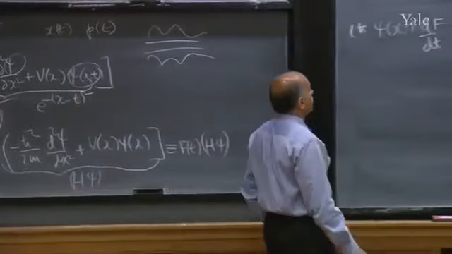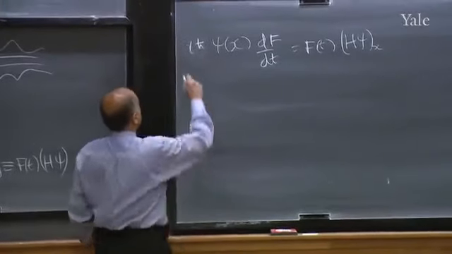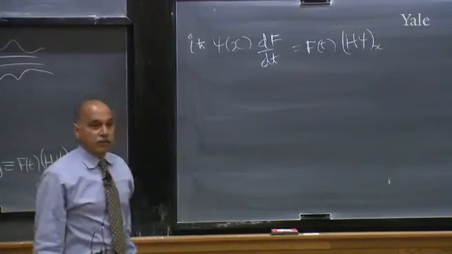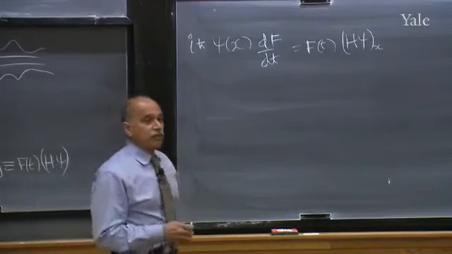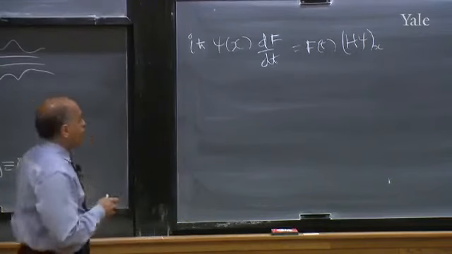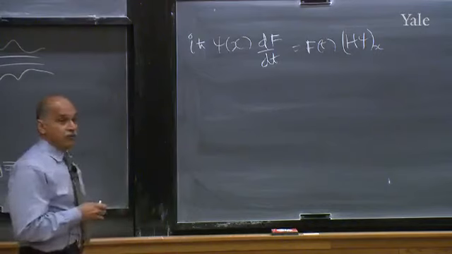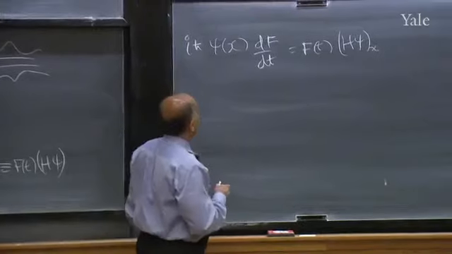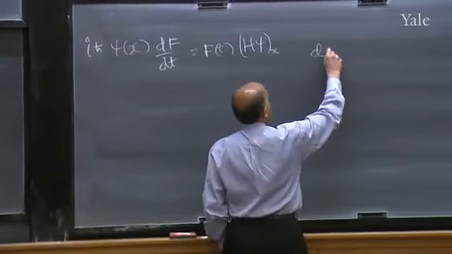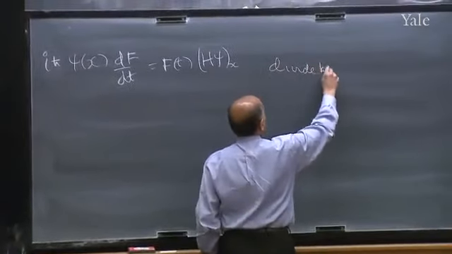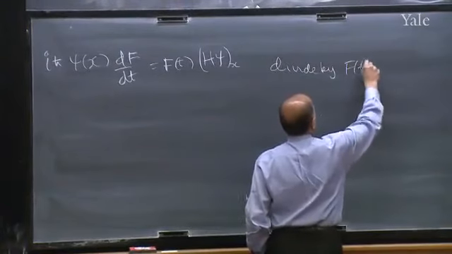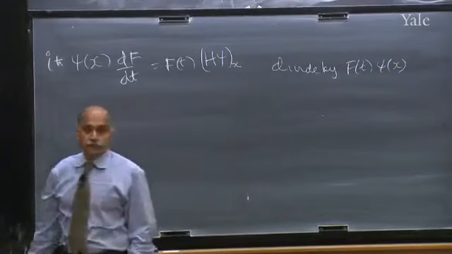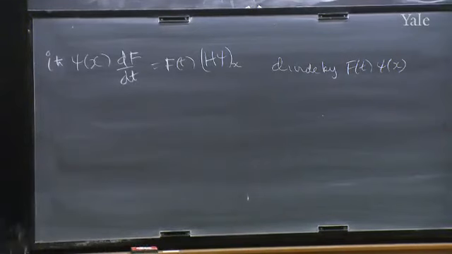Okay, now this is a trick which if you learn, you will be quite pleased, because you will find that as you do more and more stuff, at least in physics or economics or statistics, the trick is a very old trick. The problem is quantum mechanics, but the mathematics is very old. So what do you do next? You divide both sides by ψf. So I say divide by f(t) ψ(x). What do you think will happen?